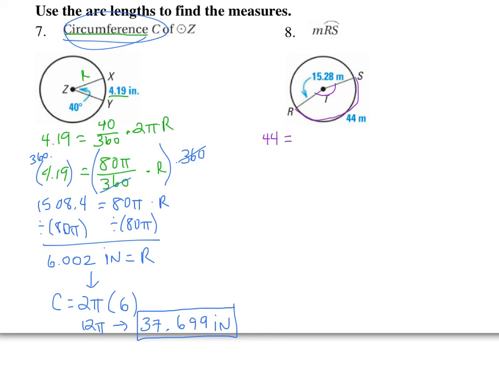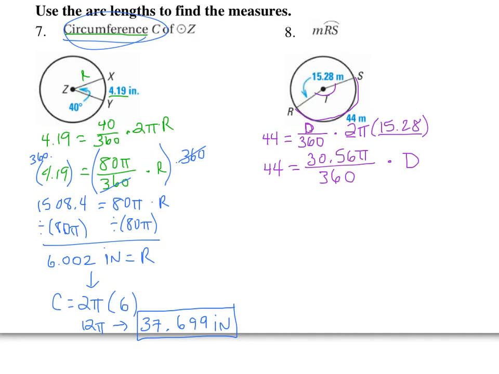The degree is the part that we do not have, so let's do a D for degree, out of our whole 360 times our circumference, so 2 times pi times our radius, which is this 15.28. So if we combine the numbers on the top together, our 2 and this 15.28, we get 30.56, and then I keep the pi with it over 360, and that's being multiplied by that degree number, which is still on top, equals my 44.